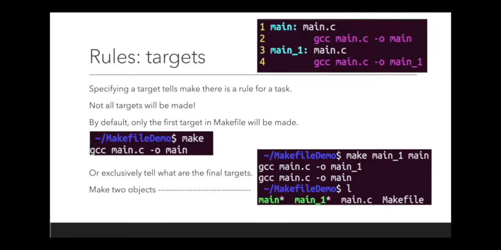So if we type make in the shell, Make will only build the first target. Or we can explicitly tell what the final targets are. So if we type make with the two targets, all the targets specified in the command will be built.